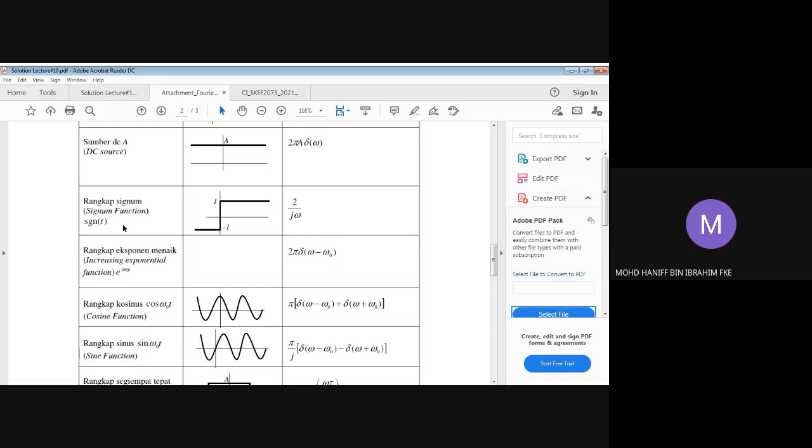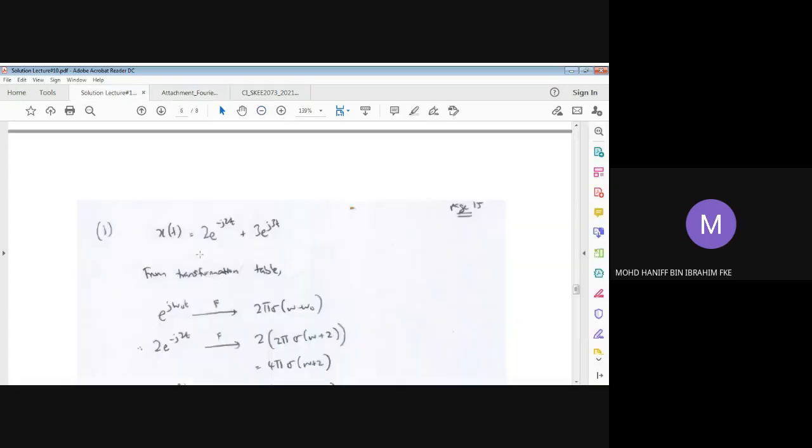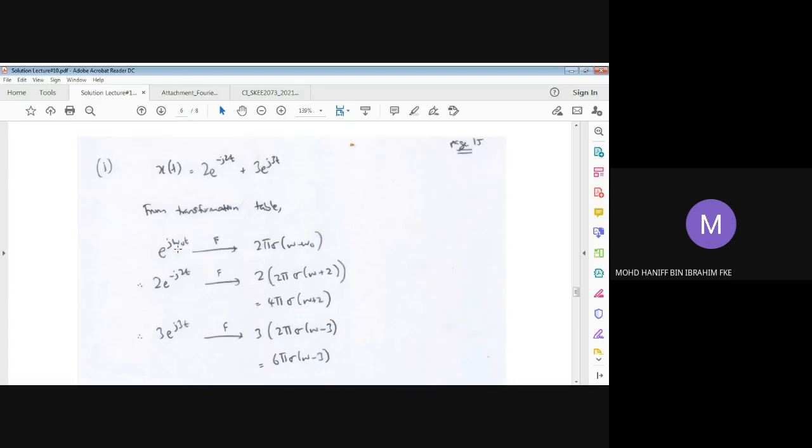So I'm using this transformation from the time domain to the frequency domain to answer this question. We refer to the table. Exponential j omega naught t will give us this. So if we have 2 exponential negative j2t, the Fourier transform is simply 2, because this is a multiplication with an amplitude constant, so it is 2 times 2 pi delta of omega plus 2, because we have negative j2t.